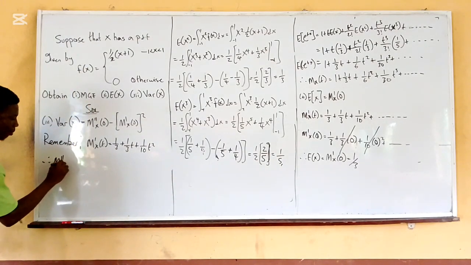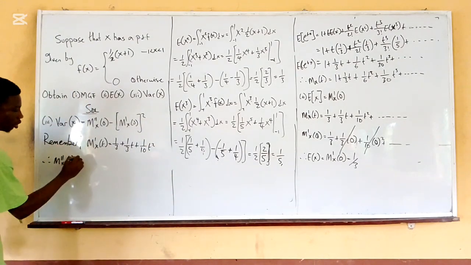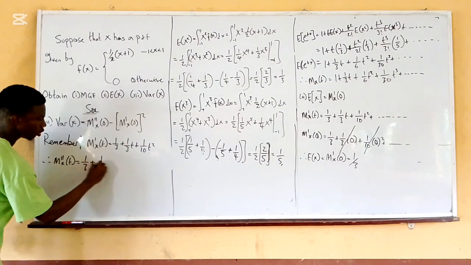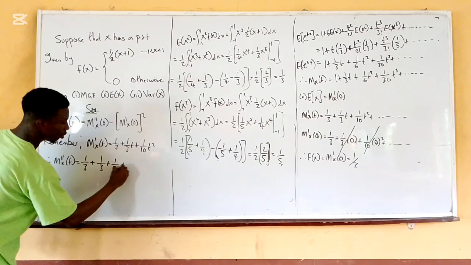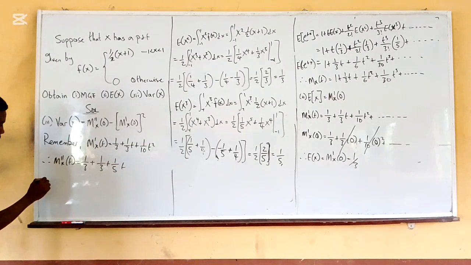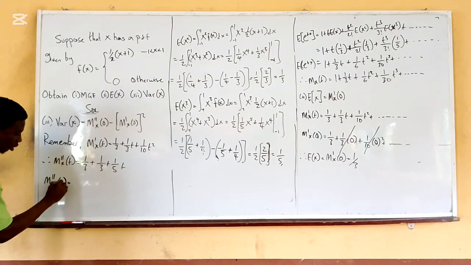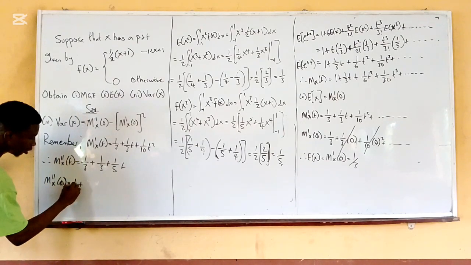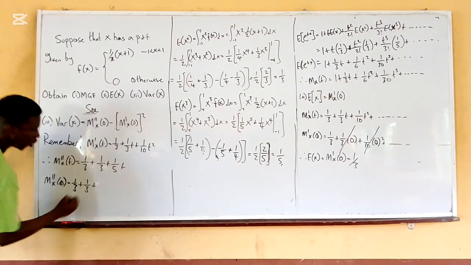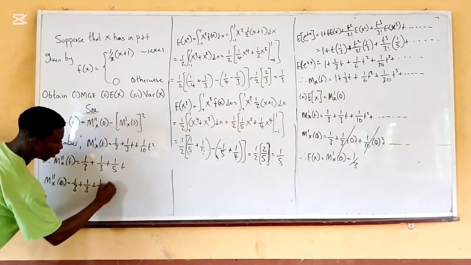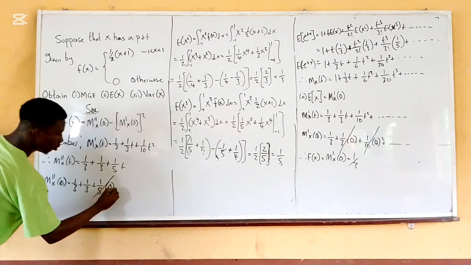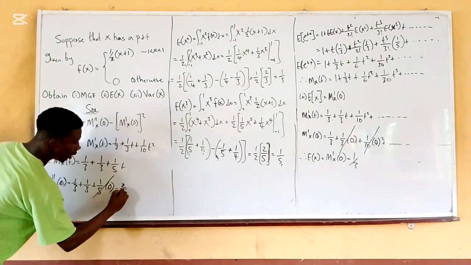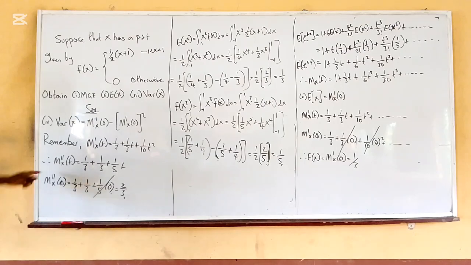Therefore, M double prime X of t will be 1 over 3 plus 1 over 3 plus 1 over 5t. So M double prime X of 0 will be 1 over 3 plus 1 over 3 plus 1 over 5 times 0. Now, this one becomes 0. Everything becomes 0, so I have 2 over 3 as my final answer for M double prime X of 0.